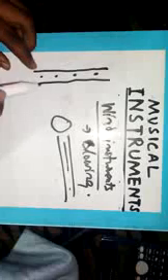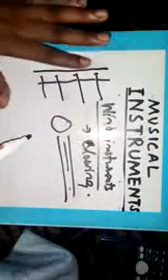That's why there are holes. But if all the holes are closed, a low pitch will be produced because the length will increase. The length for the air to move from this point to the last will increase.